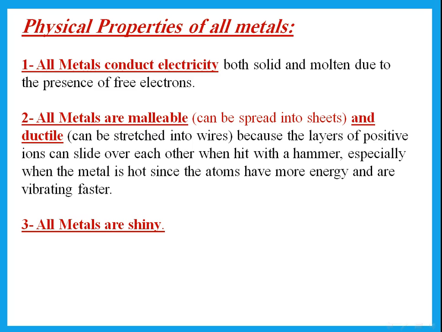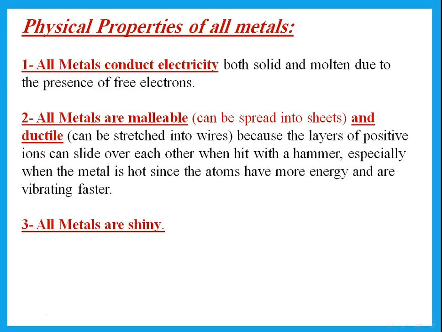Physical properties of all metals. Remember, if he says give physical properties of all metals: they conduct electricity, all metals are malleable and ductile, all metals are shiny. First of all, metals conduct electricity, both solid and molten. So if you see something that conducts electricity as a solid, it is most probably metal, because remember that we said ionic compounds will not conduct electricity when solid.